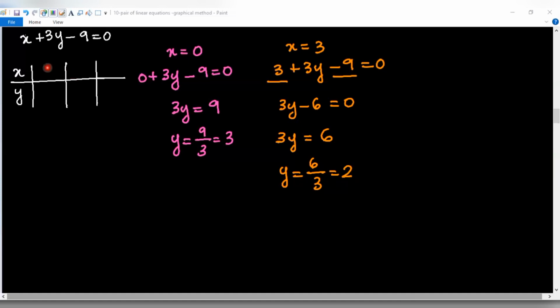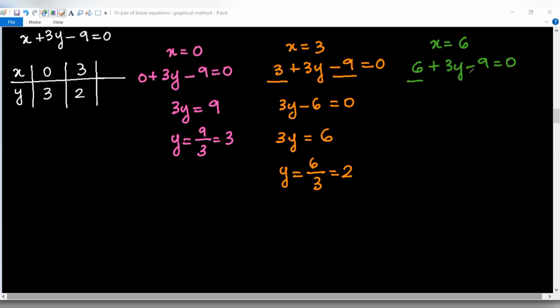Okay, we got two pairs. x equal to 0, then y equal to 3. X equal to 3, then y equal to 2. We move. One more value we need, no? So let us try x equal to 6 because we are having multiples of 3 over there. x equal to 6. What happens? 6 plus 3y minus 9 equal to 0.